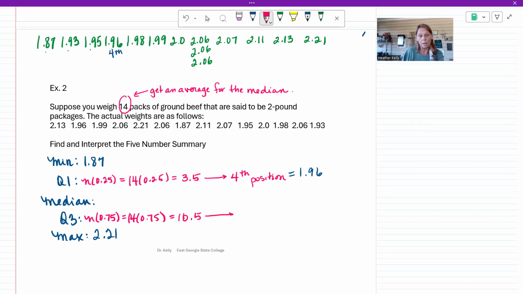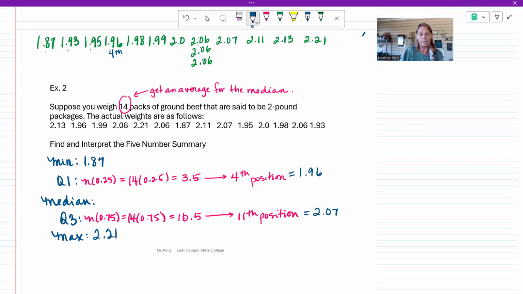And we'll have to round that up to the 11th position. In the 11th position, let's see, 4, 5, 6, 7, 8, 9, 10, 11. You see how I did that? I didn't do 8, 9, 10, 11. You got to count each one of these guys. All right. So that is going to 2.07.